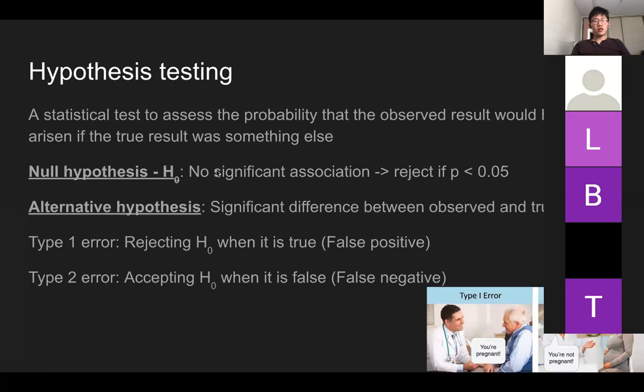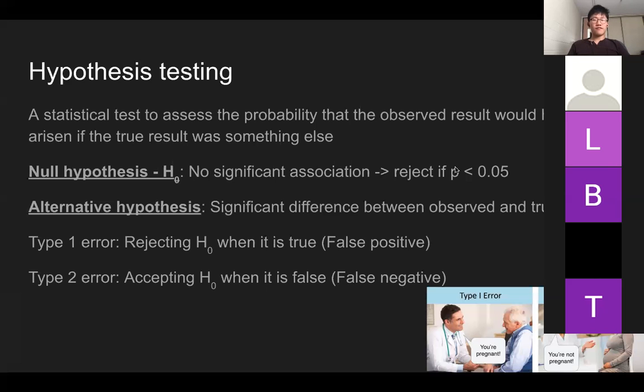Here we've got hypothesis testing. A hypothesis test is a test to assess the probability that a result would have arisen if the true result was something else. So you've got your null hypothesis and your alternative hypothesis, and you perform a statistical test.